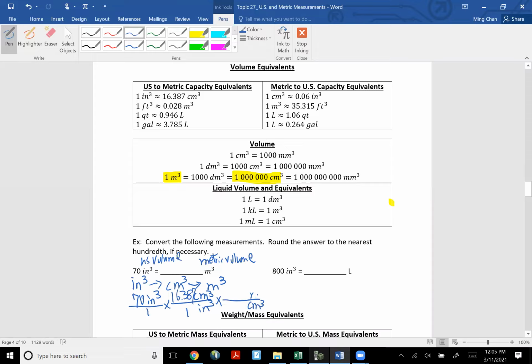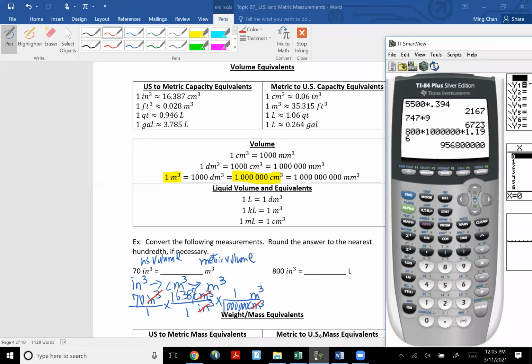That can take me to cubic meter. So cubic centimeter to cubic meter. So 1 cubic meter for a million. So when all the units are canceled out, all you do is take 70 times 16.387 and divide it by a million.